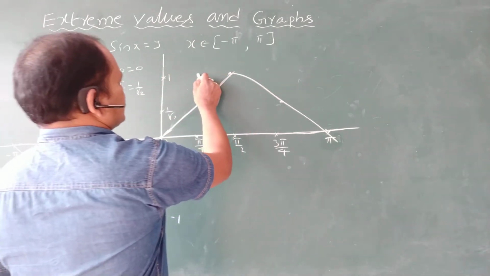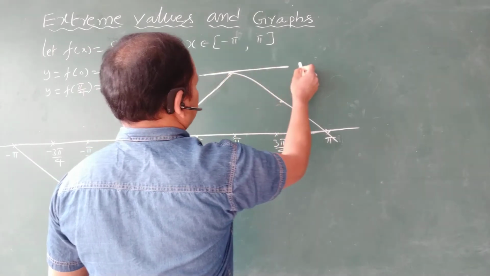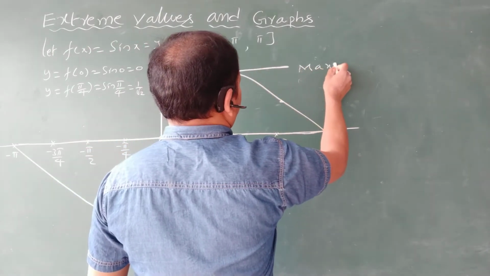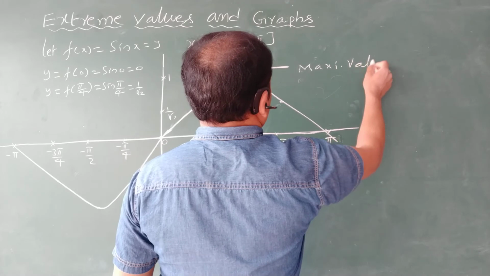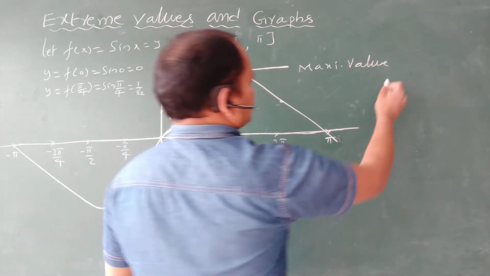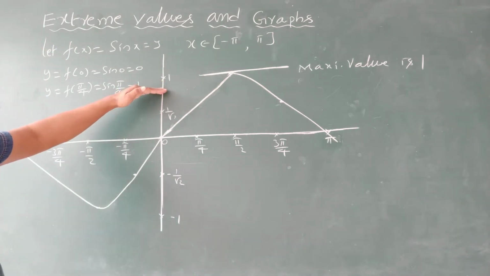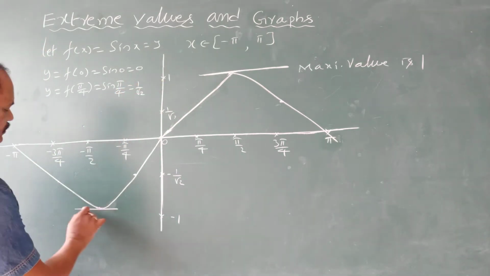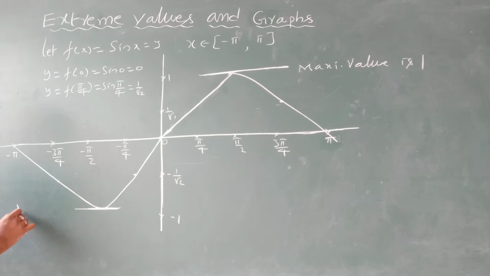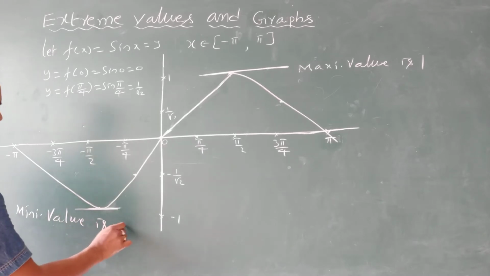Here this is the greatest value or maximum value. The maximum value of sin x is 1. And this is the minimum value. The minimum value of sin x is minus 1.